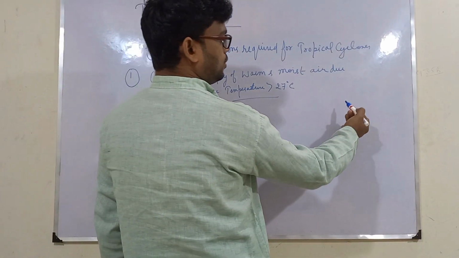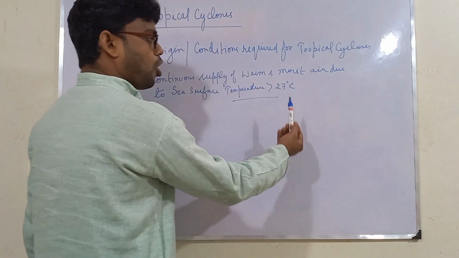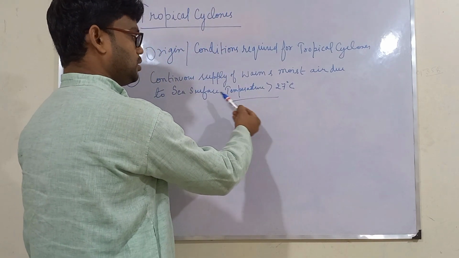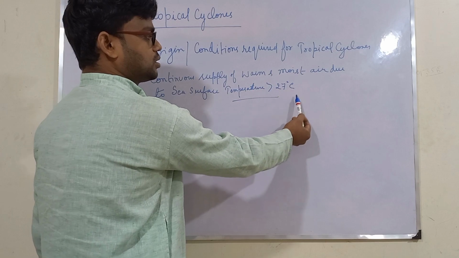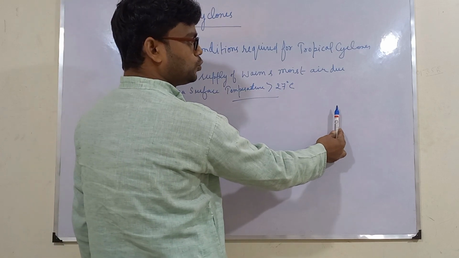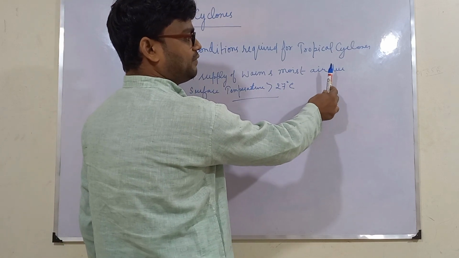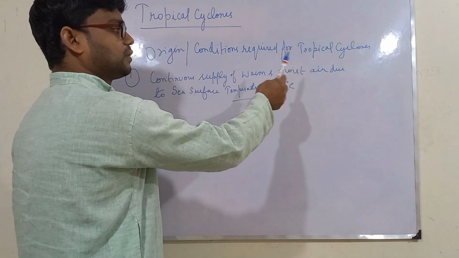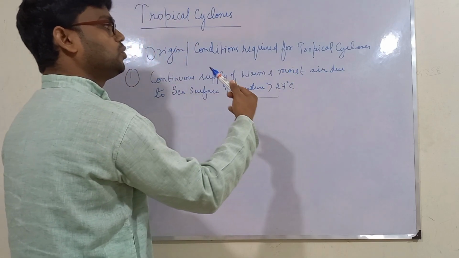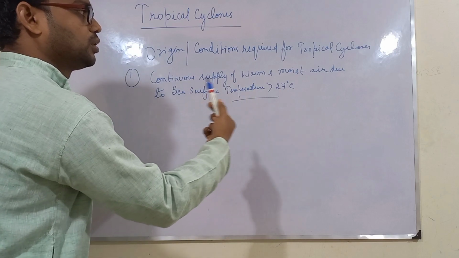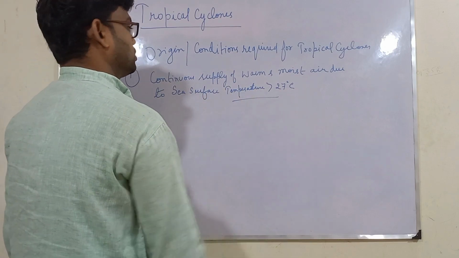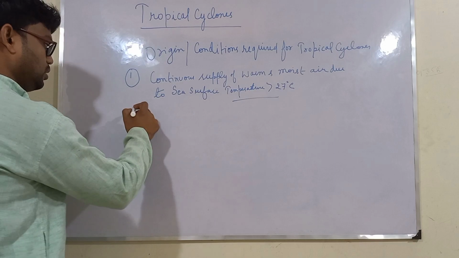How? The warm and moist air, due to this warm ocean surface, uplifts, and while uplifting it releases latent heat of condensation, which provides energy to the rotating air column or rotating wind to form cyclones. So this is the first condition.